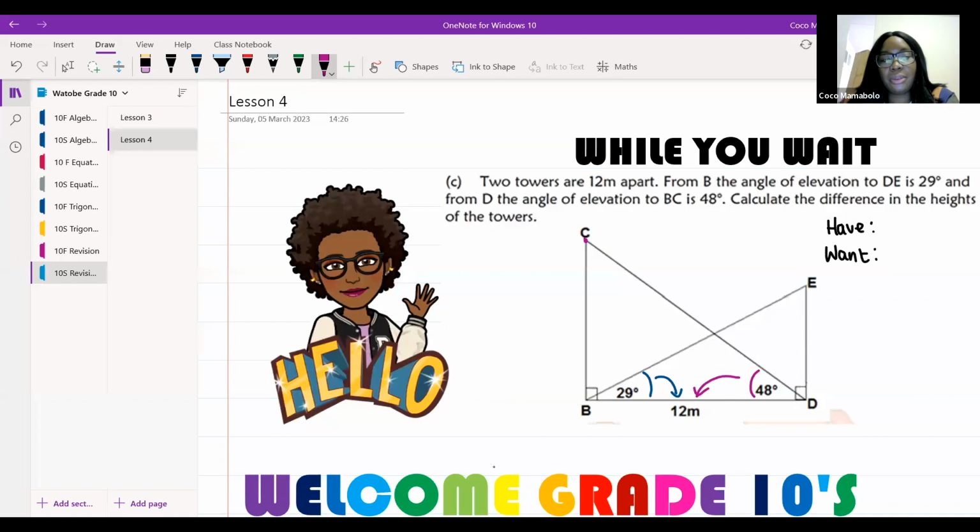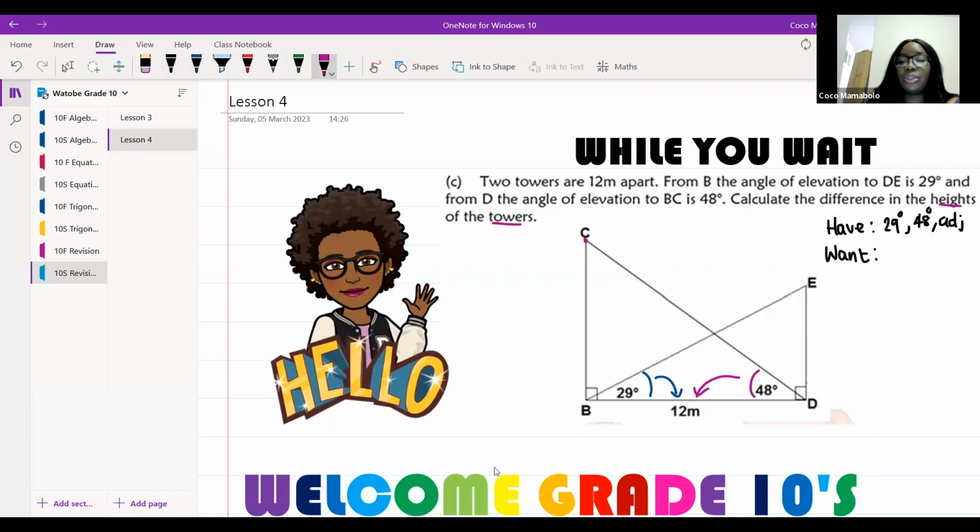Anybody got any idea? Great, Rita, you are on the money. We've got 29 degrees, we've got 48 degrees, and we've got the adjacent side. Excellent. Now, the question says it wants the difference in the height of the towers.